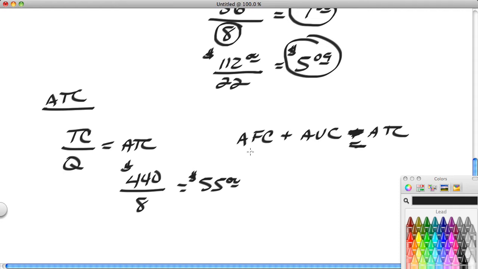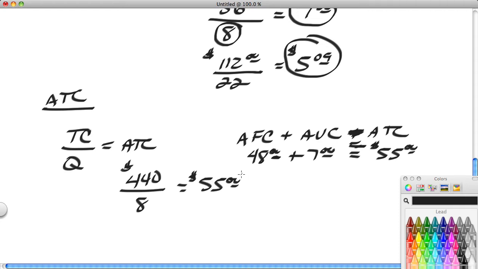That would be the same as adding the average fixed cost on that first 8 units plus the average variable cost on those first 8 units. That likewise would give us 55. So if you take the two averages, add them together, you should get the third average, average total cost, or if you take total cost and divide it by Q, you should get the corresponding average.